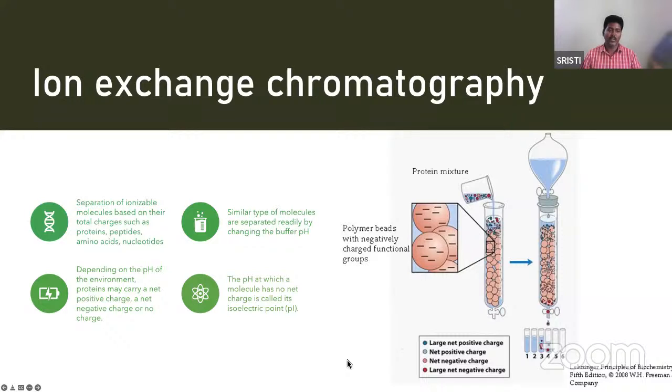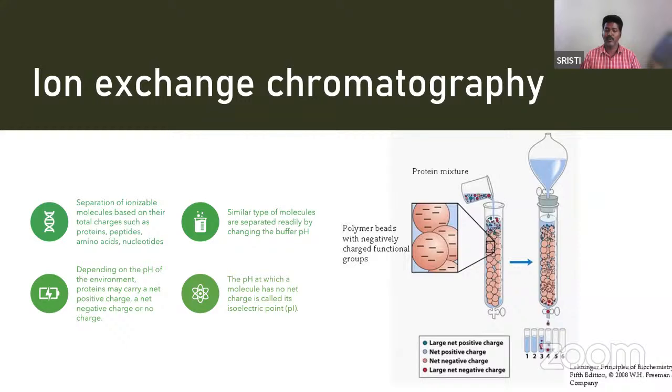And then coming to the next one, ion exchange chromatography. So in ion exchange chromatography, the separation is based on the total charges of ionizable molecules. The molecules which have ionizable charges are proteins, peptides, amino acids, and nucleotides. So you can purify these types of molecules using the ion exchange chromatography technique.